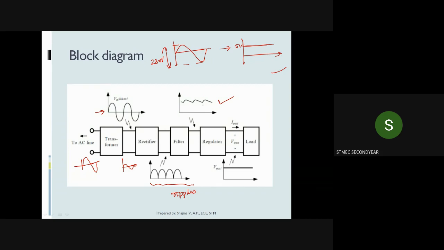Now, it is also not a constant DC. It contains some more ripples. So after that, you are using a regulator. A regulator rejects the ripple present in this filter output and provides a constant DC voltage to the load.